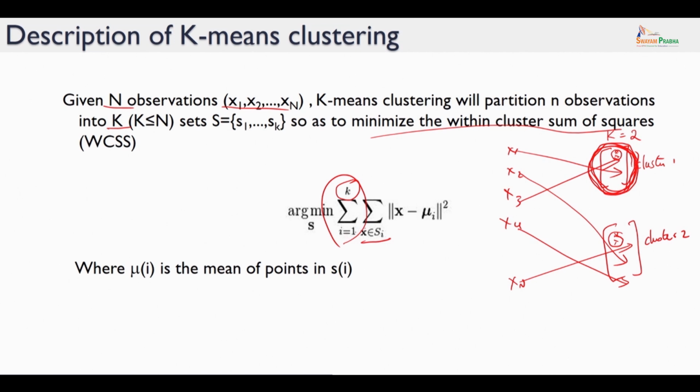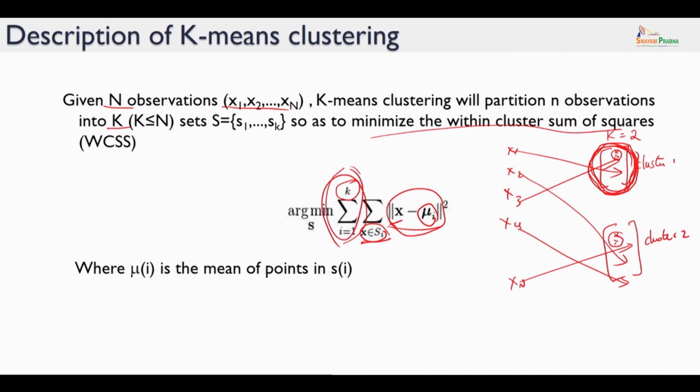So there is a double summation. The first summation is for all the data that has been identified to belong to a set. I will calculate the mean of that set, and I will find a solution for these means in such a way that this within-cluster distance, x in the set minus the mean, is minimized, not only for one cluster but for all clusters.